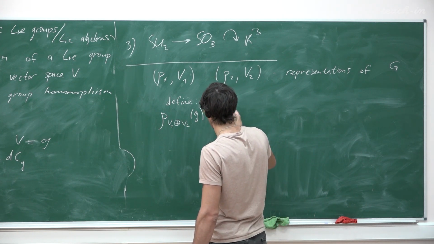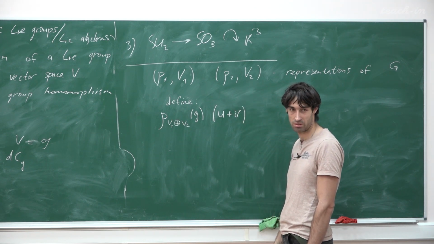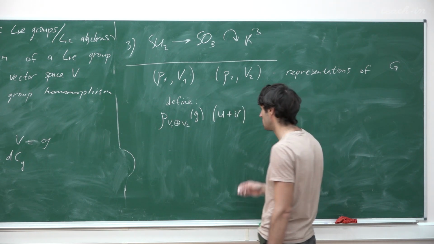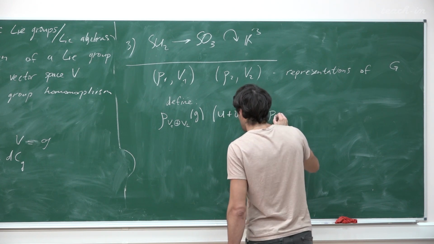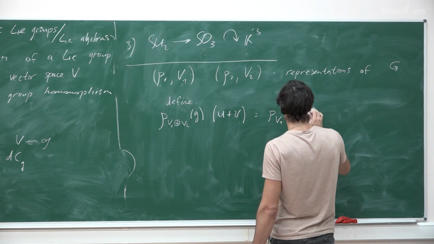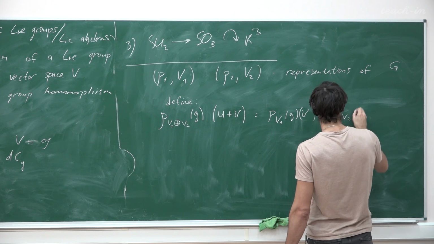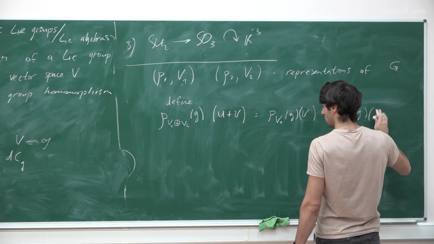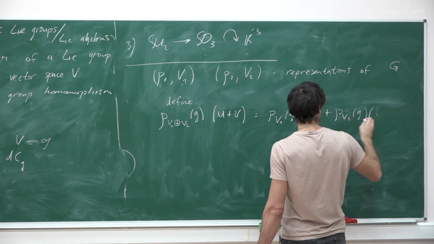And so it should act somehow on a sum of two vectors. U lives in V1, V lives in V2, right? Well, and this will be just rho V1 of G acts on U plus rho V2 of G acts on V.